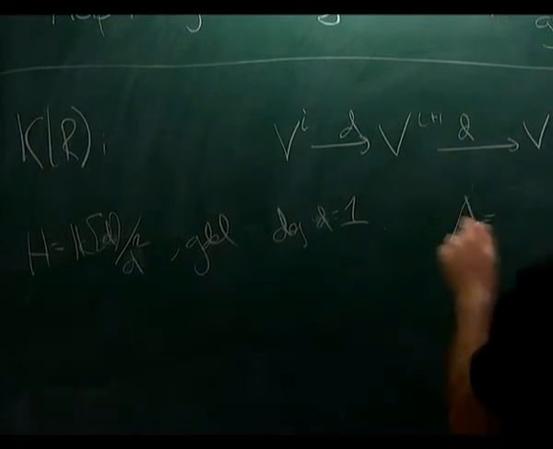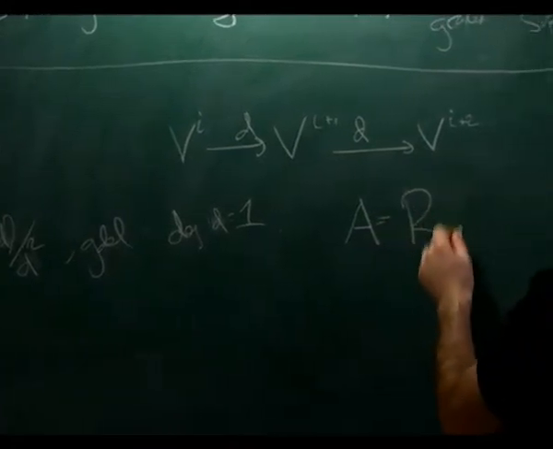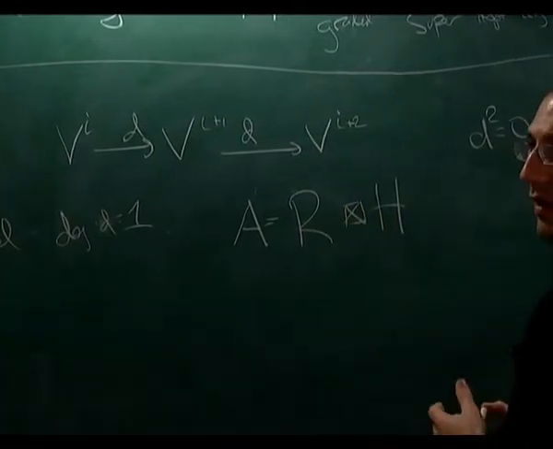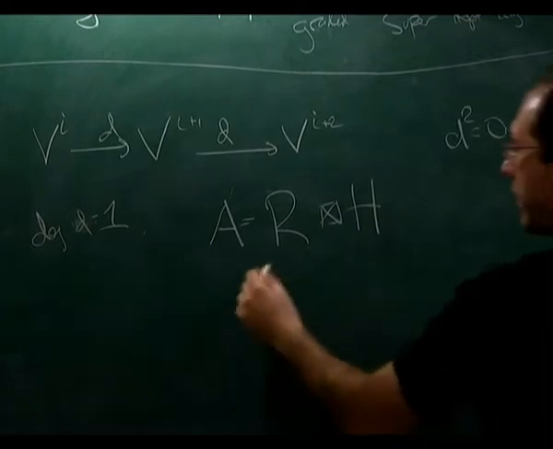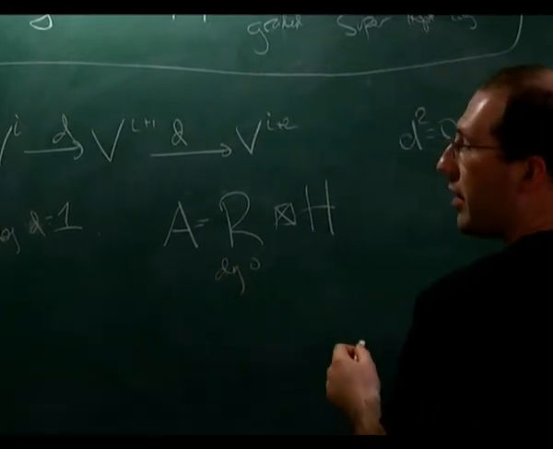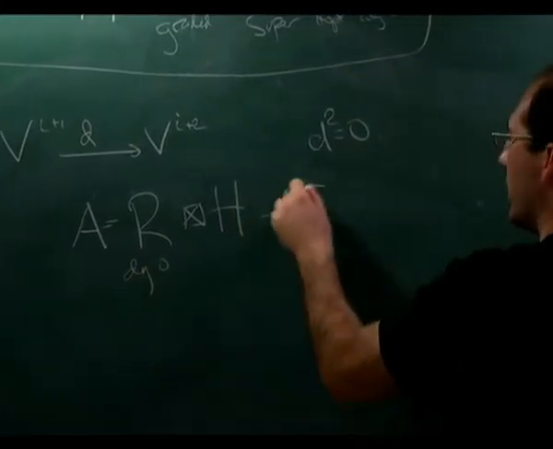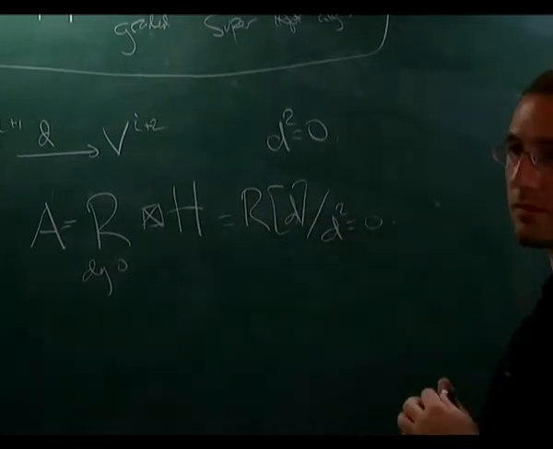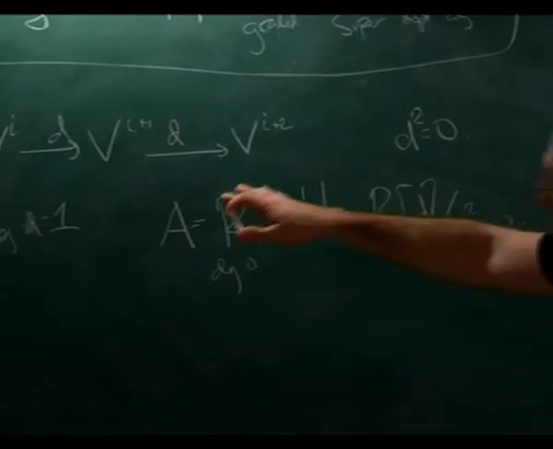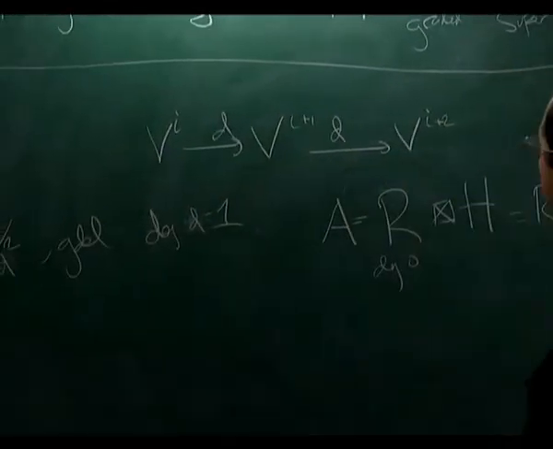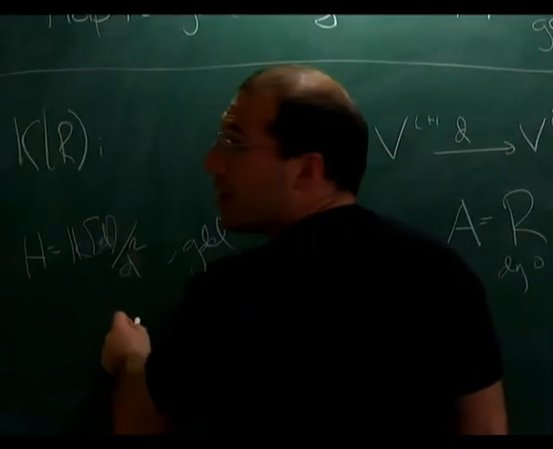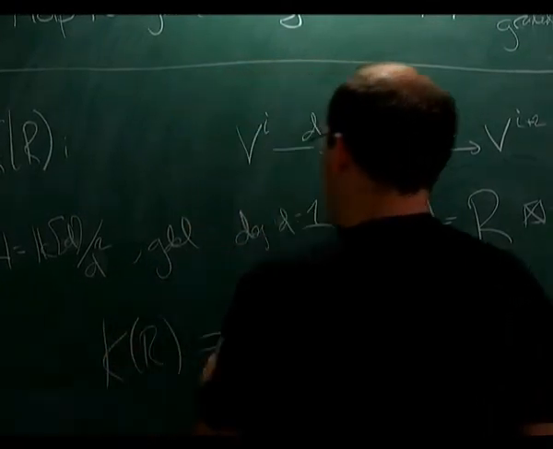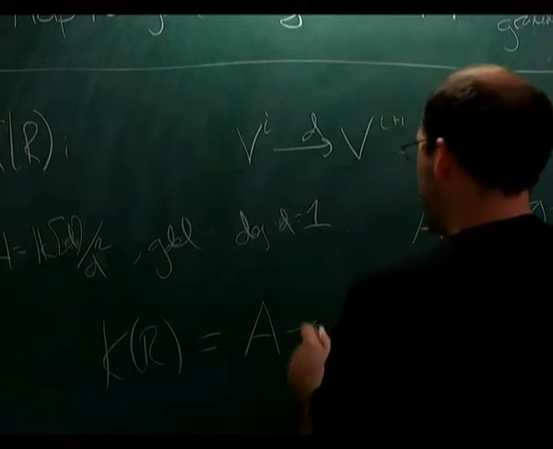So we're going to let A be the exterior tensor product of R and H. Okay? This is also a graded ring where the degree of everything here is 0. So this is also known as R adjoin d mod d squared. And it's fairly clear that something like this is none other than an A module, a graded A module. So complexes over R is the same thing as graded A modules.